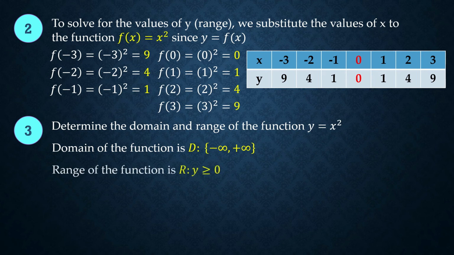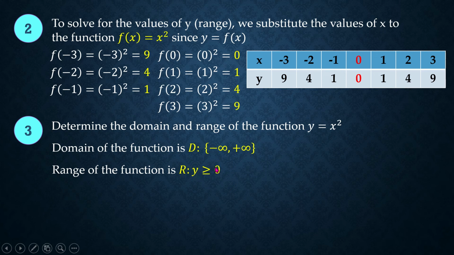So, how about our range? Our range, looking at the table of values, the smallest value of y is 0, then increasing to positive numbers. So, to write the range, we will represent it as values of y which is greater than or equal to 0.